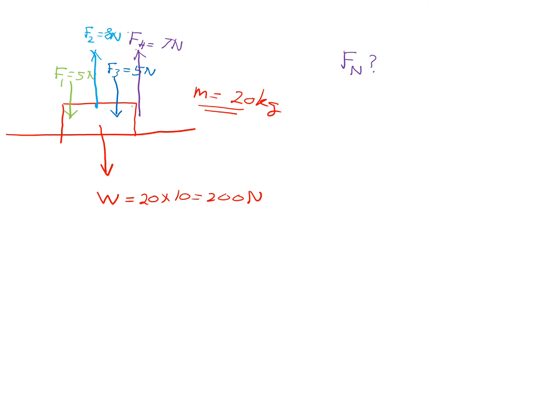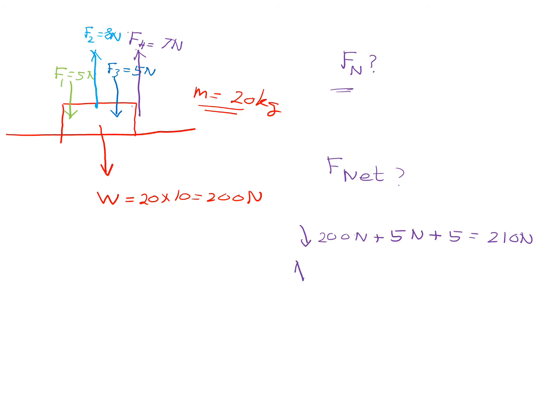Before you calculate the normal force, the first thing you need to calculate is the net force on this block. You can write all the forces pointing down. You have a weight force 200 Newton, and then you have another force F1, which is 5 Newton, plus another force 5 Newton, 210 pointing down.